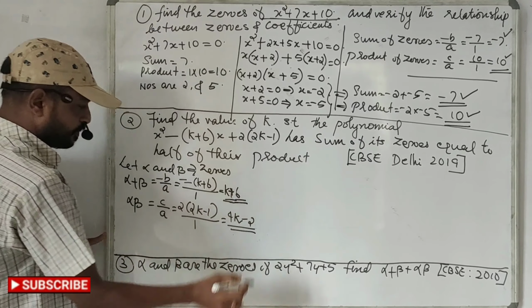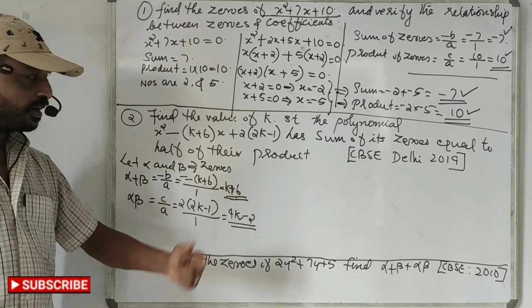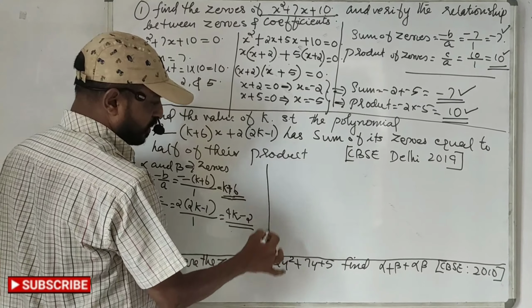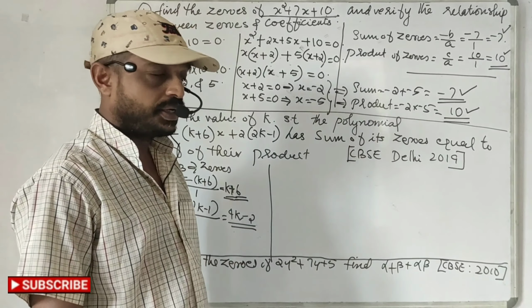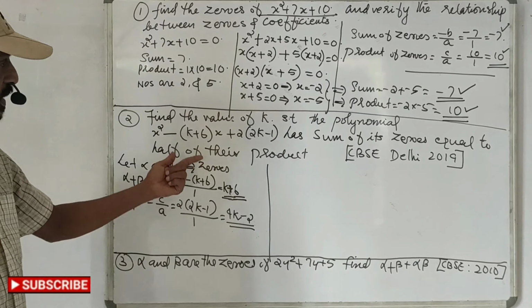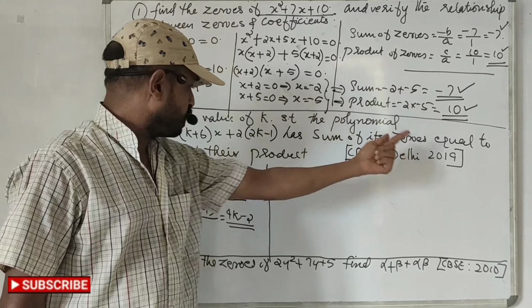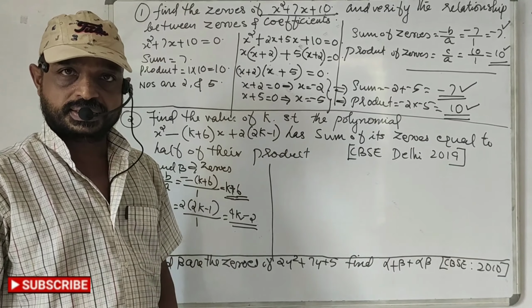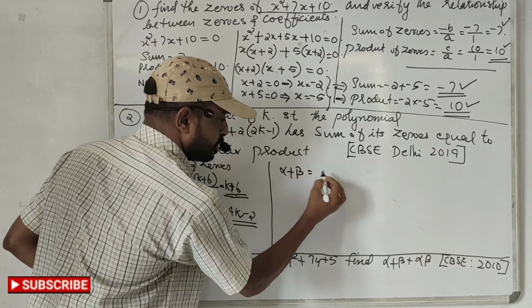So what is alpha plus beta? K plus 6. What is alpha into beta? 4k minus 2. And what is the given condition? This is a board examination question in the year 2019. See, what is the given condition? It is given that sum of zeros is equal to half of their product. What is sum of zeros? Alpha plus beta.